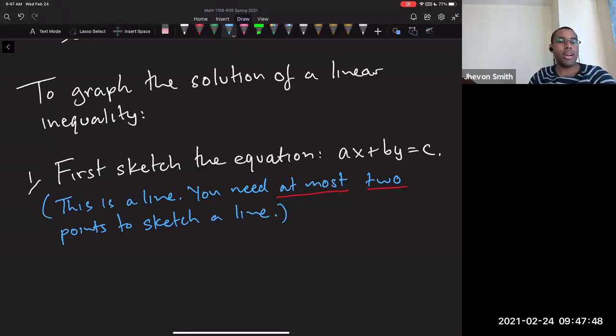Every now and then I'm in a pre-calc class or something, and I'll see people sketching lines, and they'll plot like 15 points to sketch a straight line. You only need 2.